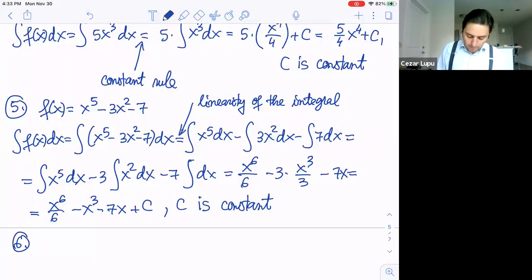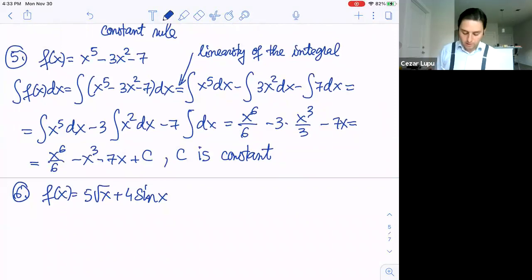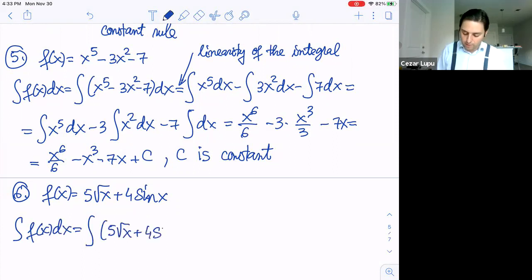Now, another example. Let's take f of x to be, let's involve some radicals here, 5 square root of x plus 4 sine of x. Again we would like to compute the integral of this. The integral of f of x dx is the integral of 5 square root of x plus 4 sine of x dx.